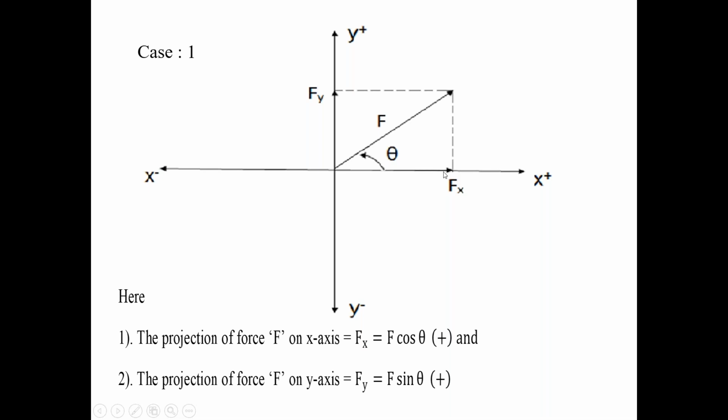Definitely your pen nib is towards the positive x-axis direction. That is the direction of the projection Fx. The projection Fx is equal to F cos theta. Since the direction of the projection Fx is towards the positive x-axis, that projection is taken as the positive projection.